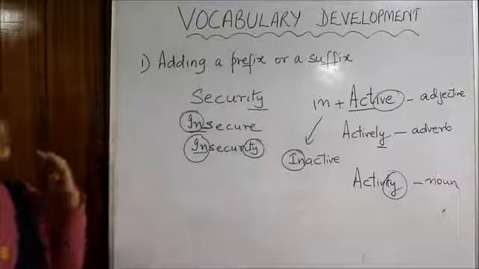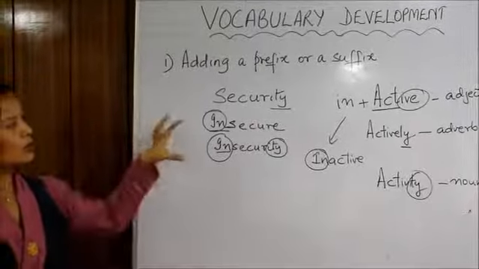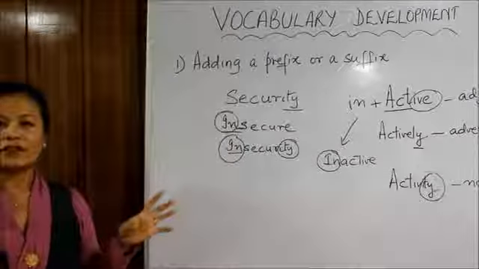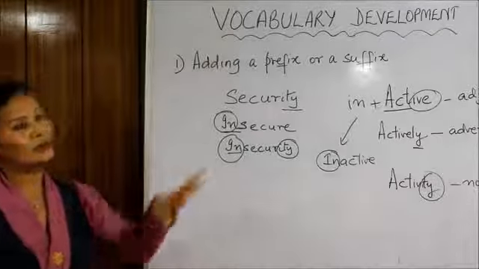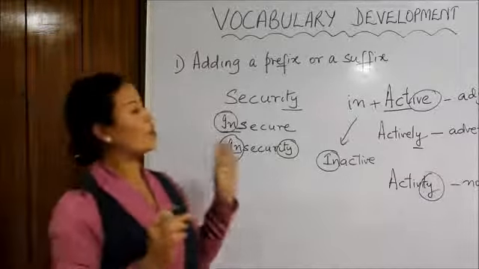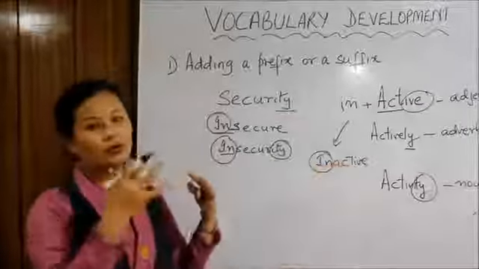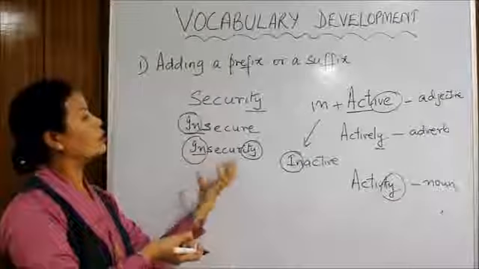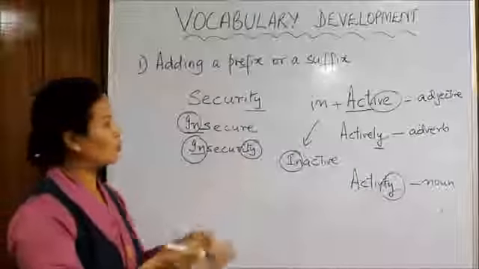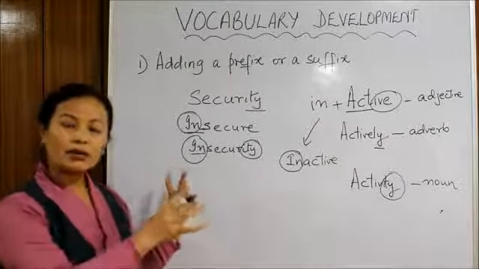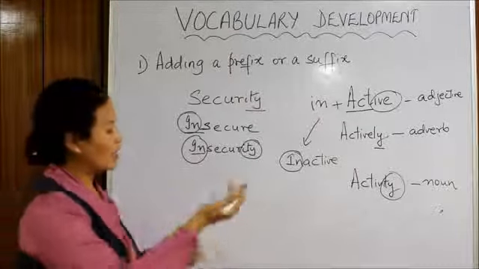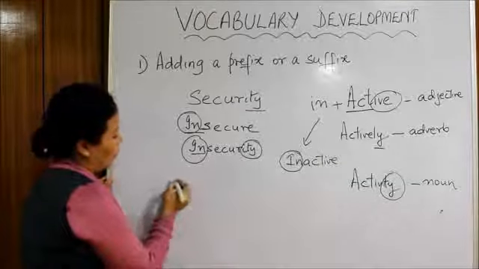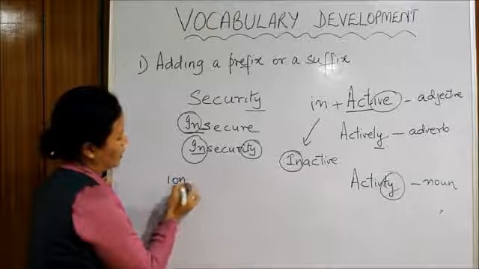If you have an idea about some of the prefixes and suffixes, it makes it easier for you to remember the word or enhance your vocabulary. Sometimes you can easily puzzle out the meaning of a word by looking at the prefix or the suffix. In the same way, we have ION as a suffix.